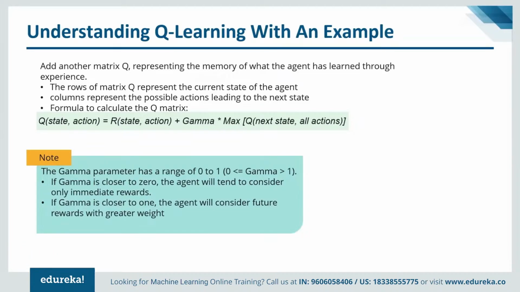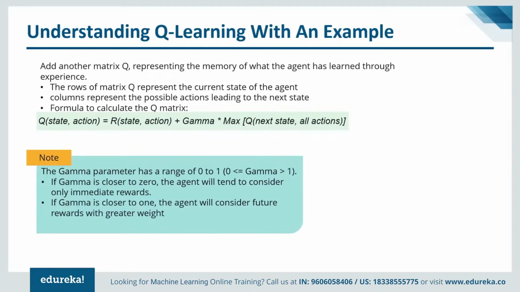But here, just remember that this Q basically represents the Q matrix, the R represents the reward matrix, and the gamma is the gamma value, which I'll talk about shortly. And here, you're just finding out the maximum from the Q matrix. So basically, the gamma parameter has a range from 0 to 1. So you can have a value of 0.1, 0.3, 0.5, 0.8, and all of that.